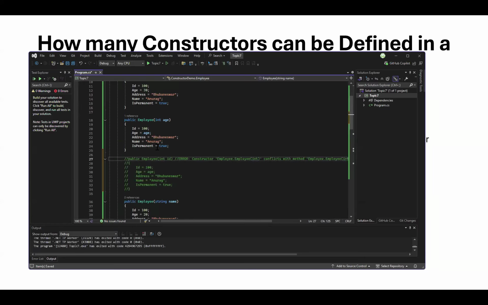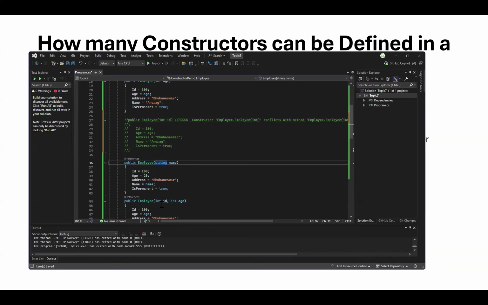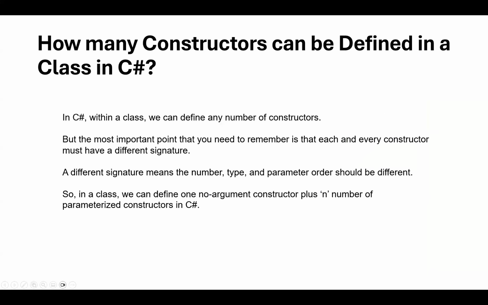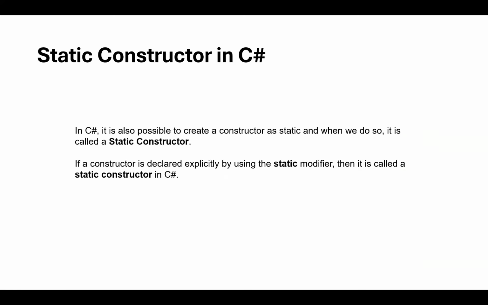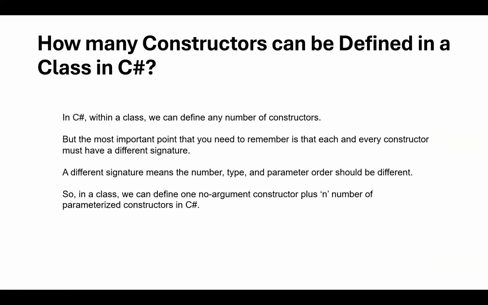But if you use int and string, or a different number of parameters, it can work. Okay, how much time do we have? We have only 5 minutes, 7 minutes. Okay. Next. So we can have a lot of constructors if you need, but with different signatures.